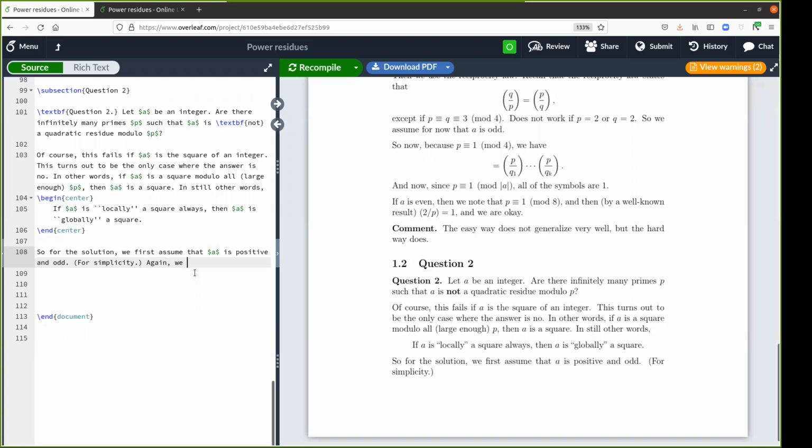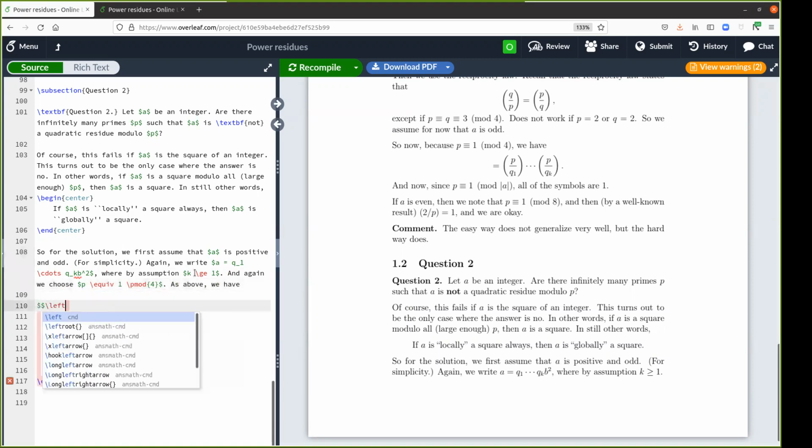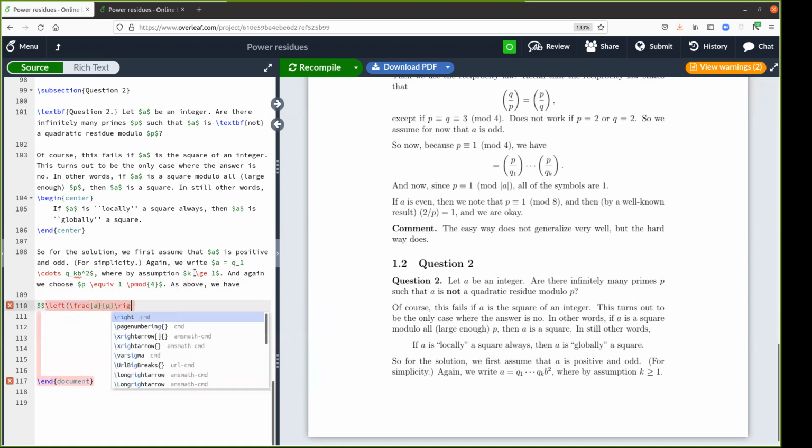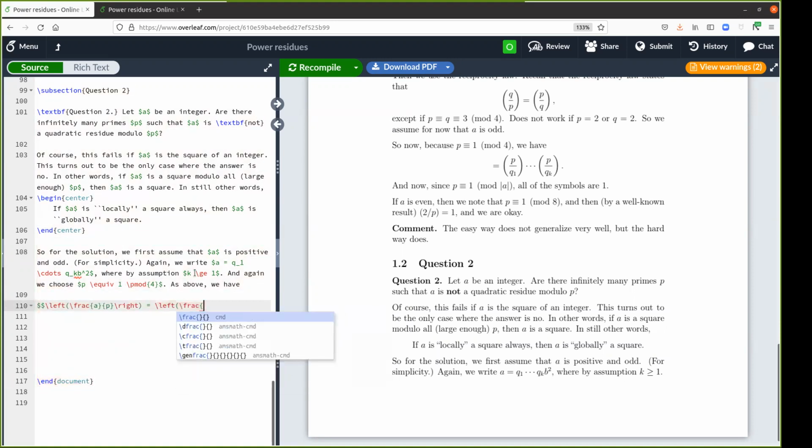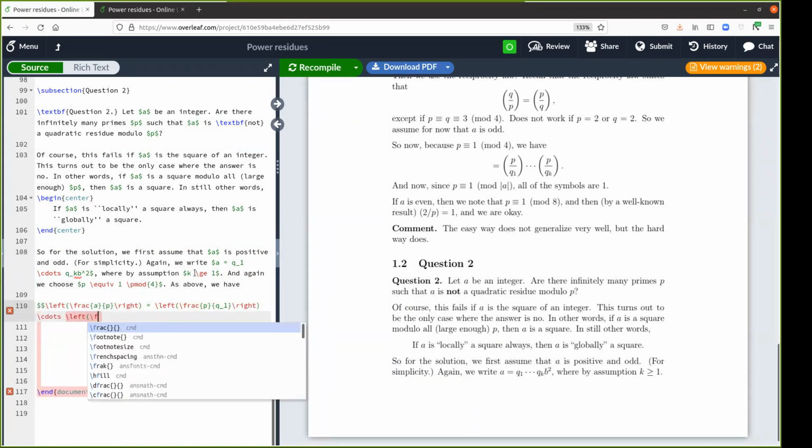So we can take the largest square divisor of A out. And again, we choose B equal to 1 modulo 4. And as above, we use the multiplicativity of the symbol, and then we use the reciprocity law.